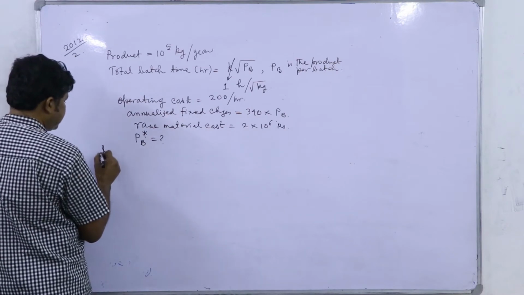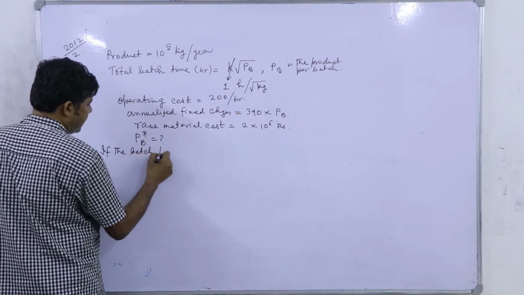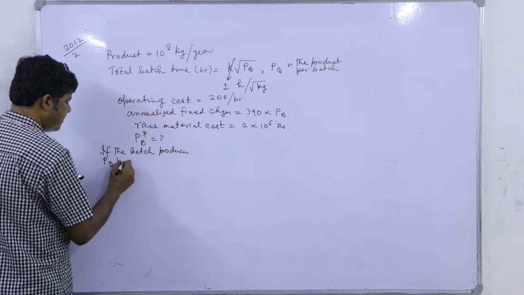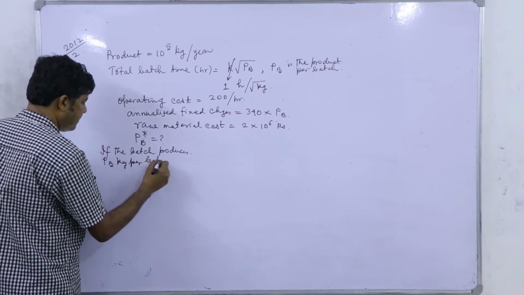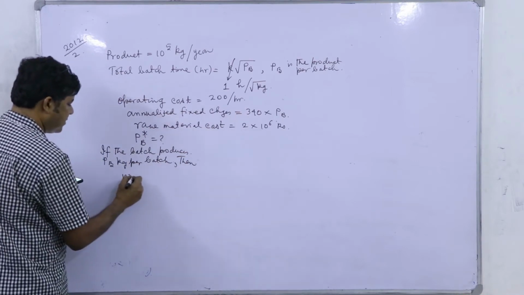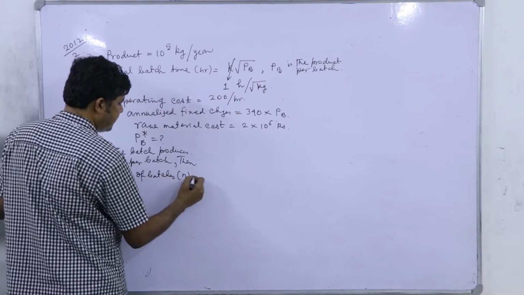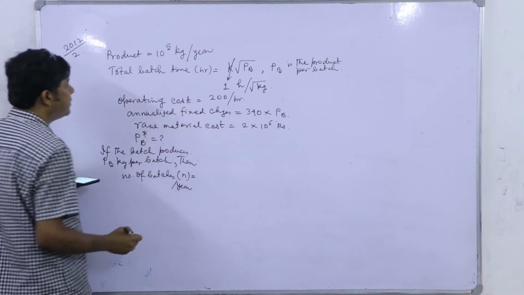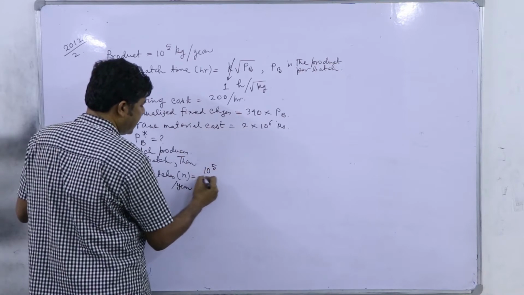Now, if the batch produces PB kg per batch, then the number of batches N per year is the total product divided by kg per batch, which is 10 to the power 5 divided by PB.